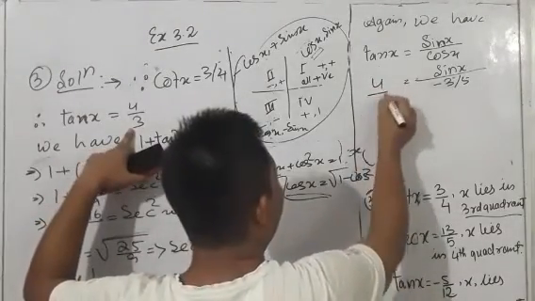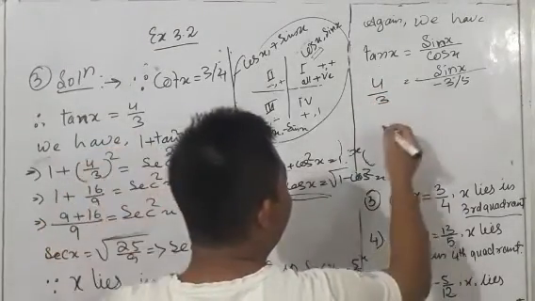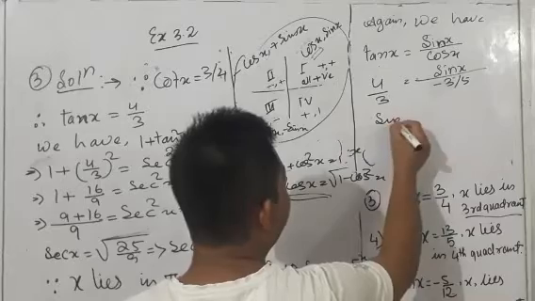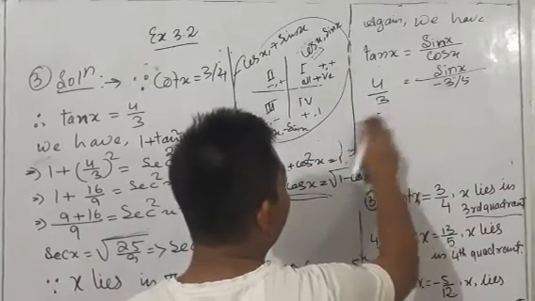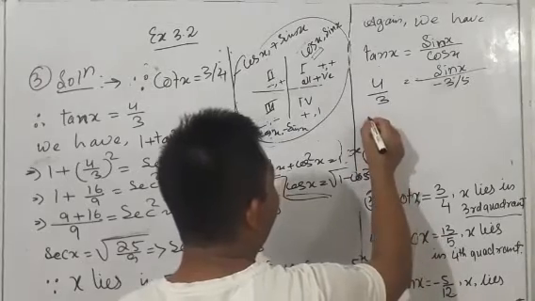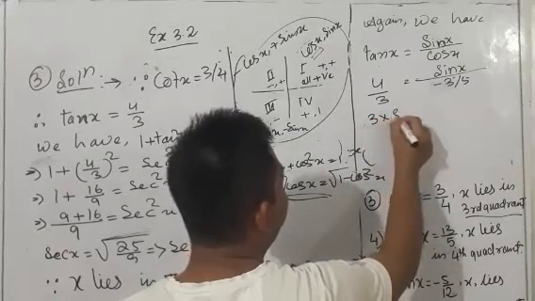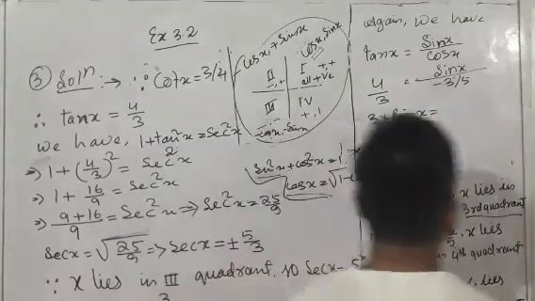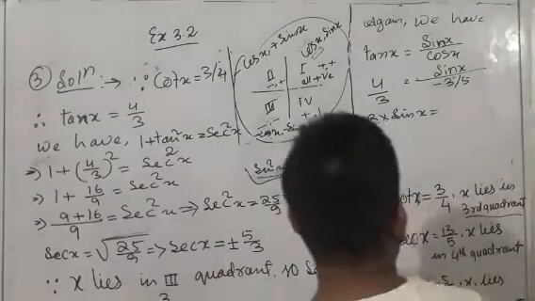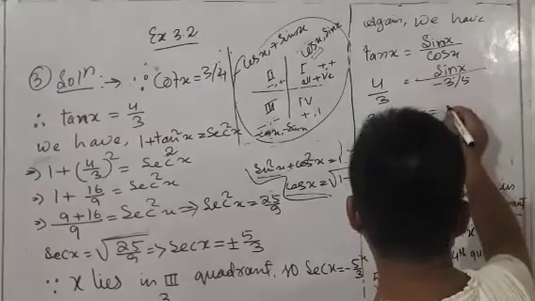4 by 3. Now cross multiply it. 3 into sin x, correct? 3 into sin x. That gives equal to what? Okay, fine.